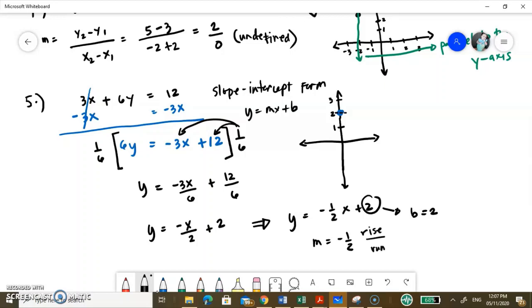Tapos, ito run x. So, bababa tayo ng isang point. So, nandito siya. And then, tatakbo ka ng 2 spaces. Okay, sa x, tatakbo ka ng 2, positive 2, so takbo ka sa right. So, 1, 2. Okay? So, this would be the line that could be formed. Ayan. So, since ang slope mo ay negative, it rises to the left. Kasi negative yung slope natin.